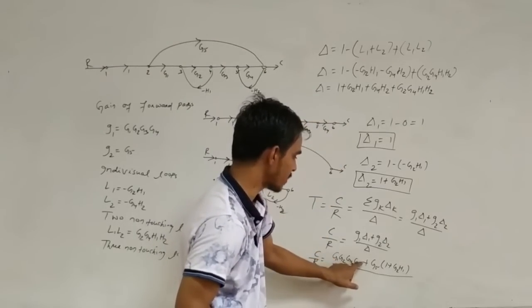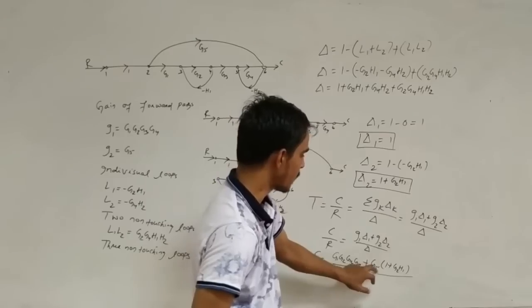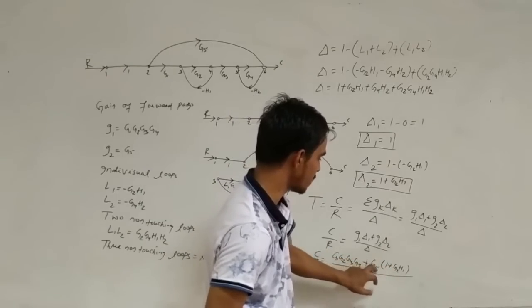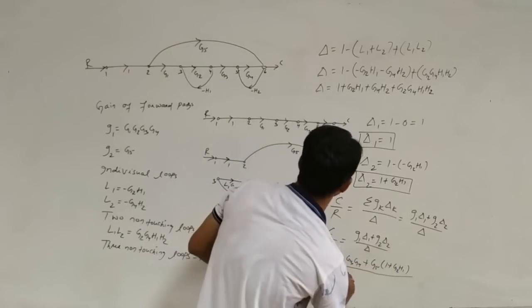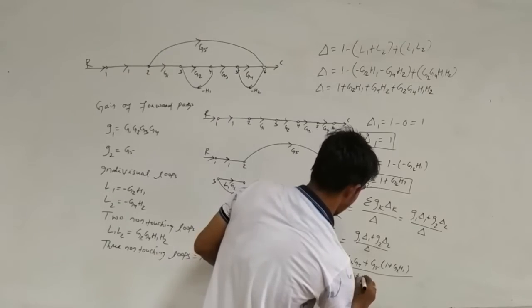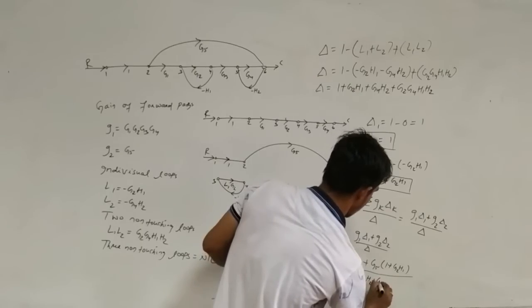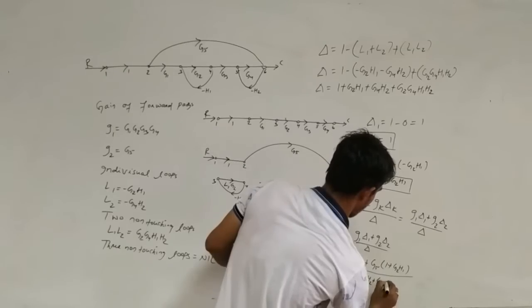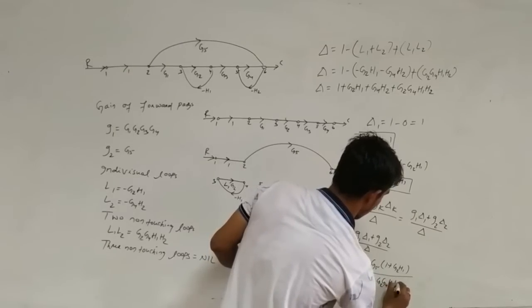G1 delta 1, here delta 1 is 1, so we have not considered it, same thing, G5 into delta 2, G1 delta 1 plus G2 delta 2 divided by delta. Delta value is this one, 1 plus G2 H1 plus G4 H2 plus G2 G4 H1 and H2.